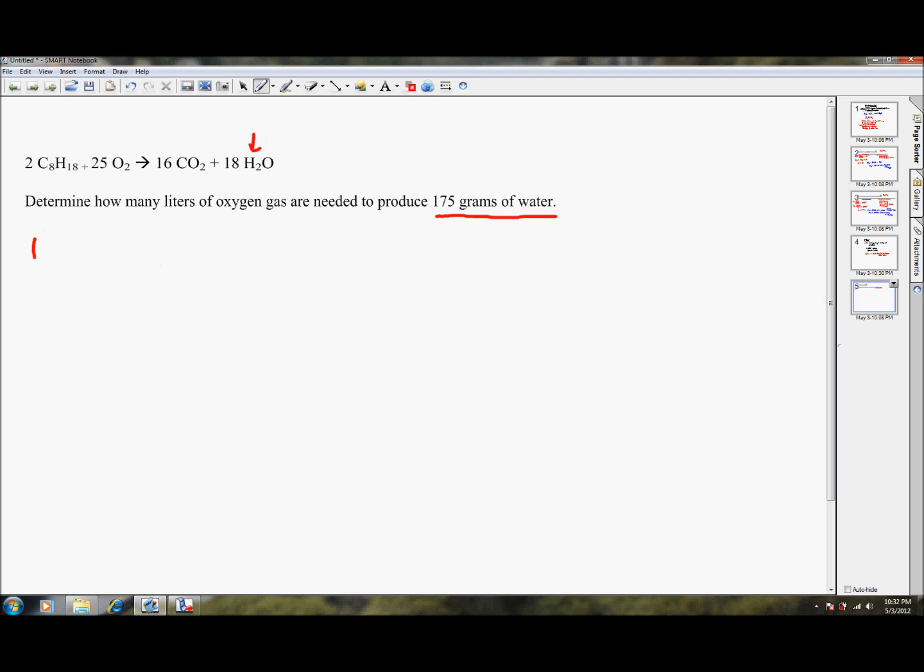Okay, so the D1 is to take the 175 grams and divide it by the molar mass of H2O. So I have 2 hydrogens at 1.0079 and 1 oxygen at 15.999.